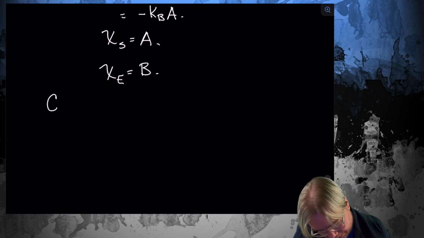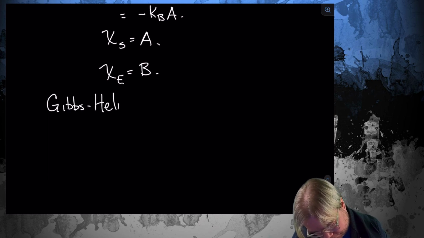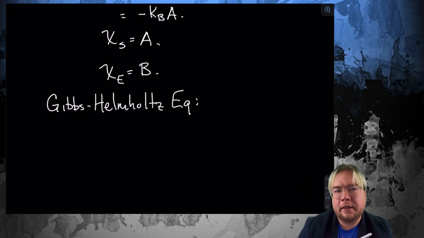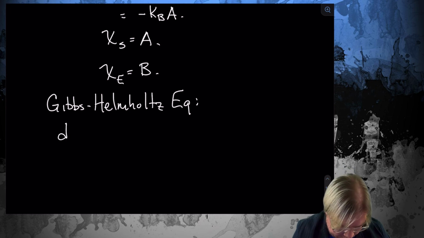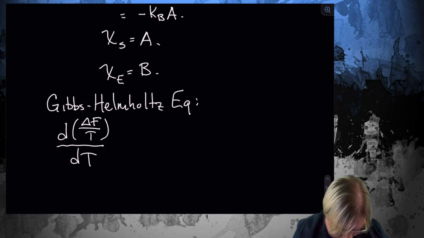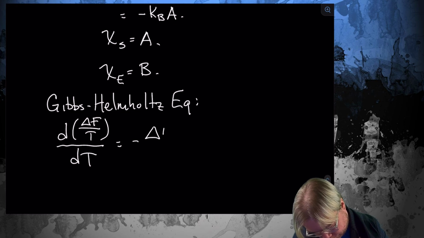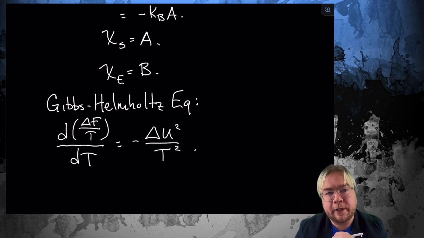Well, we could go back to the Gibbs-Helmholtz equation from last semester. And what did that tell us? It told us that the derivative of delta F divided by temperature with respect to temperature was equal to minus U over T squared.